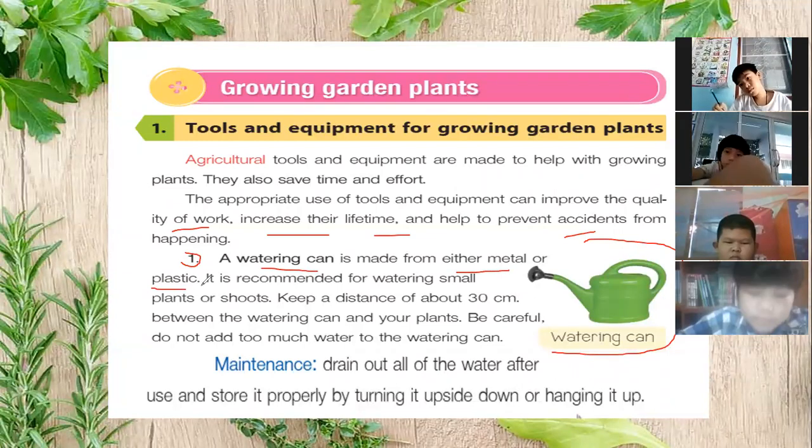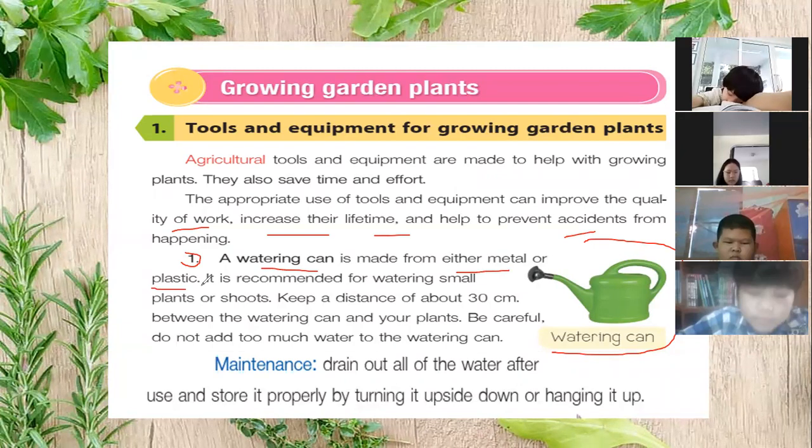It is recommended for watering small plants or shoots. Keep a distance of about 30 centimeters between the watering can and your plants. Be careful, do not add too much water to the watering can.